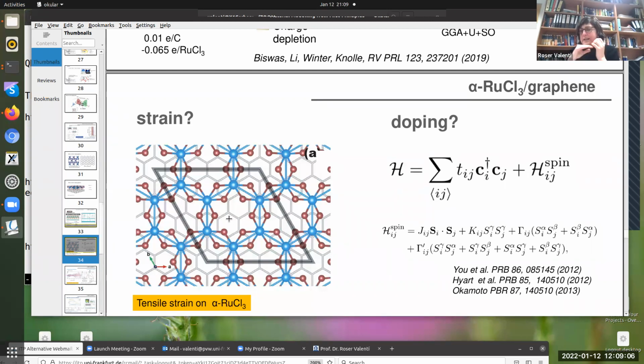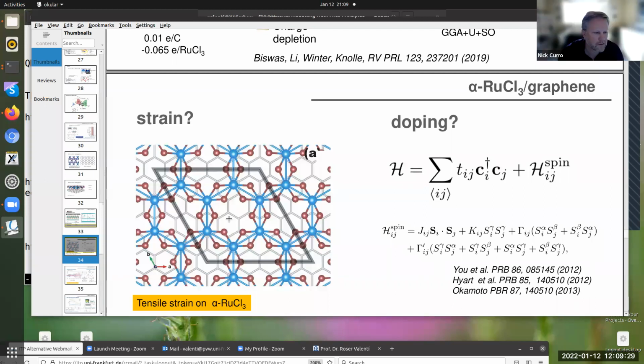So what you have to worry about is the orientation of graphene with respect to alpha ruthenium trichloride. If you're asking about the graphene modulation, it is much larger than the level that we are talking about.